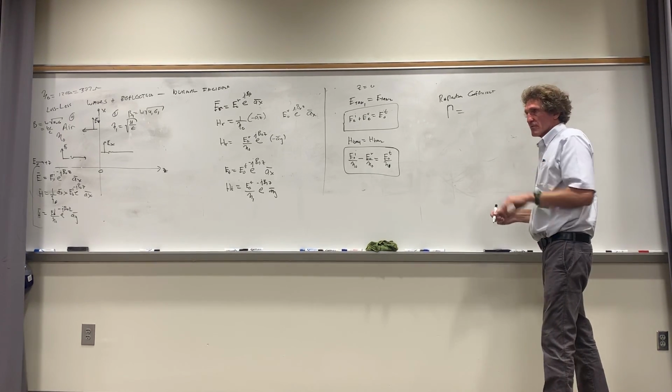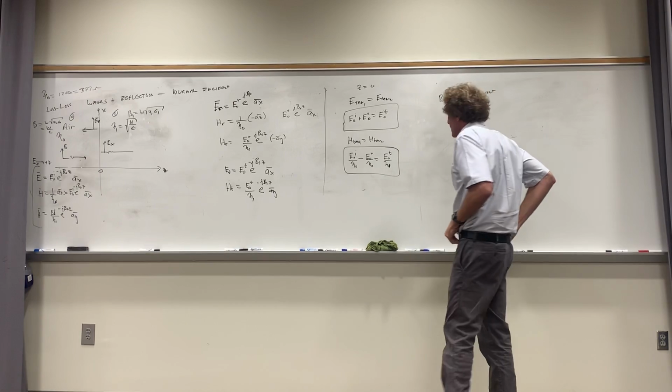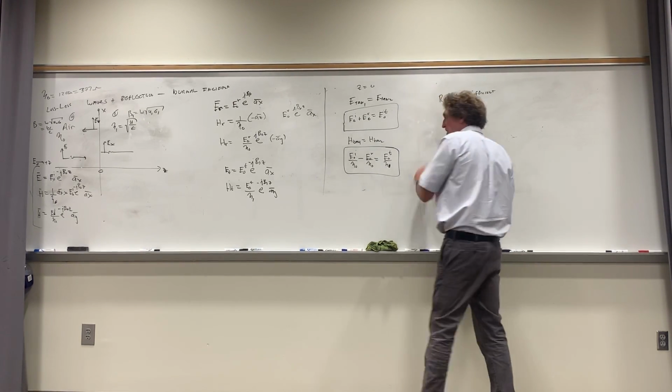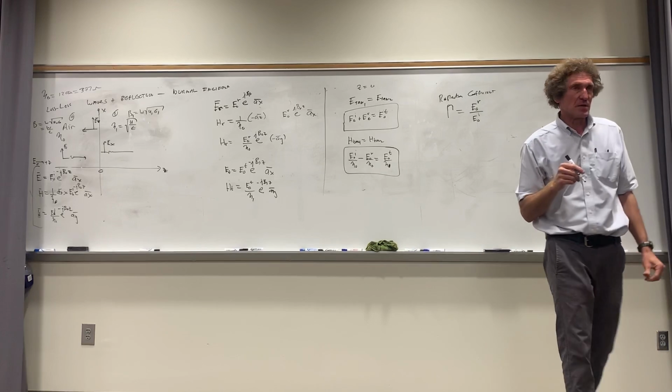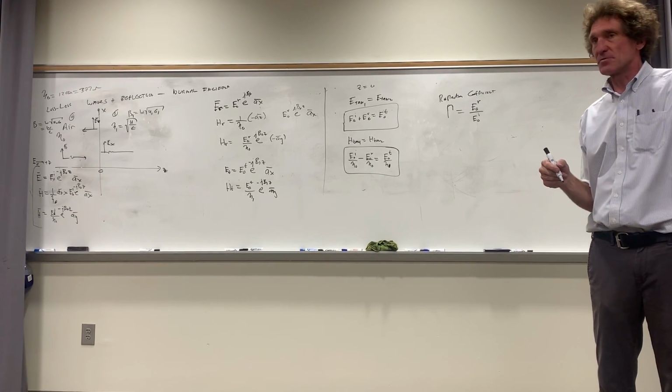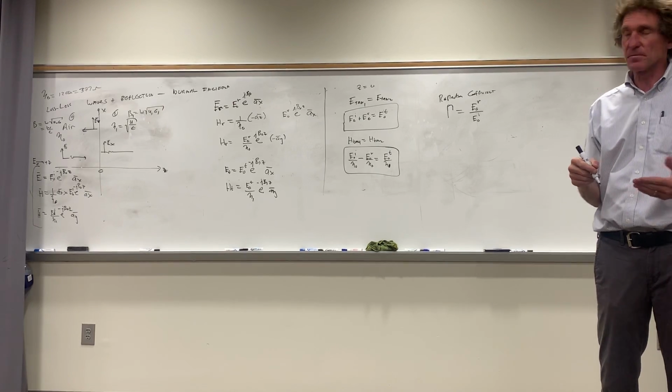This is the symbol for reflection coefficient, it's capital gamma. So the reflection coefficient is generally given as the value of the reflected field's weight divided by the incident field's weight. And that's exactly what it was for transmission lines. Remember, the reflection coefficient was a ratio of the voltage reflected to the incident voltage.